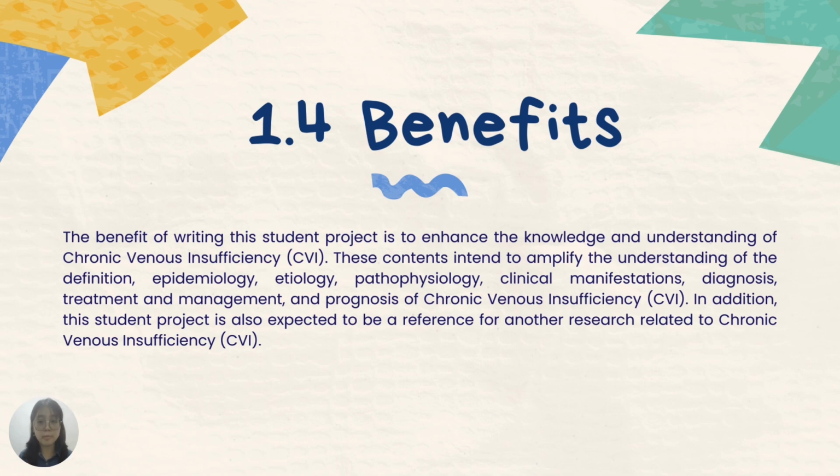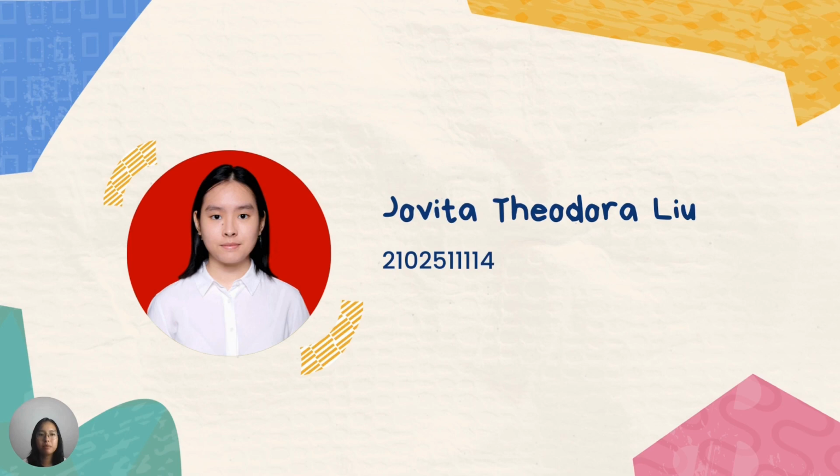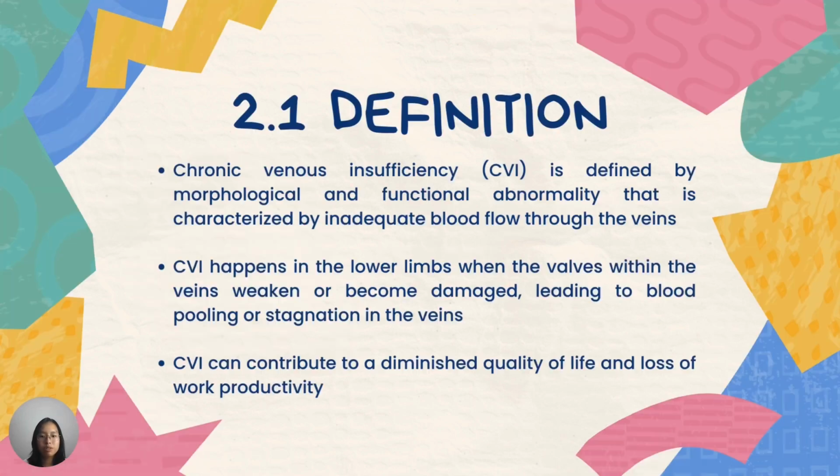Thank you. Hello doctors and friends, my name is Jovita Theodora Liu with last 3 digits 114. Now I will explain to you about the definition of CVI. Chronic venous insufficiency, or CVI, is defined by morphological and functional abnormality that is characterized by inadequate blood flow through the veins. CVI usually happens in the lower limbs. It occurs when the valves within the veins weaken or become damaged, leading to blood pooling or stagnation in the veins.